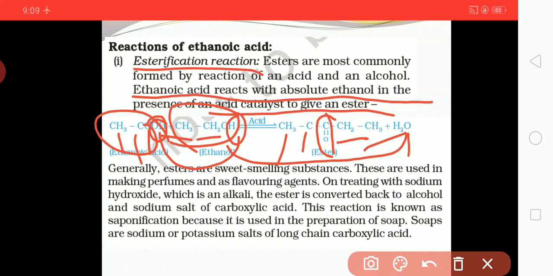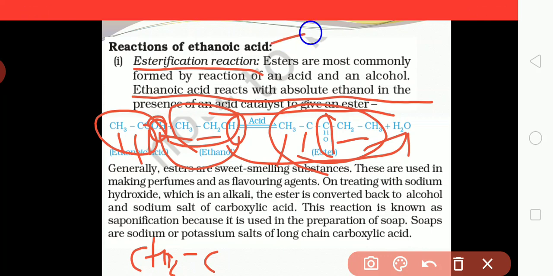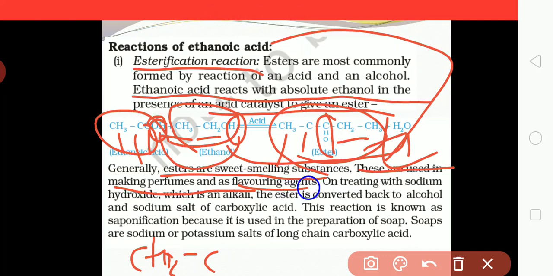It is an ester, and the process is called esterification. Generally, esters are sweet-smelling substances. These are used in making perfumes as well as flavoring agents.